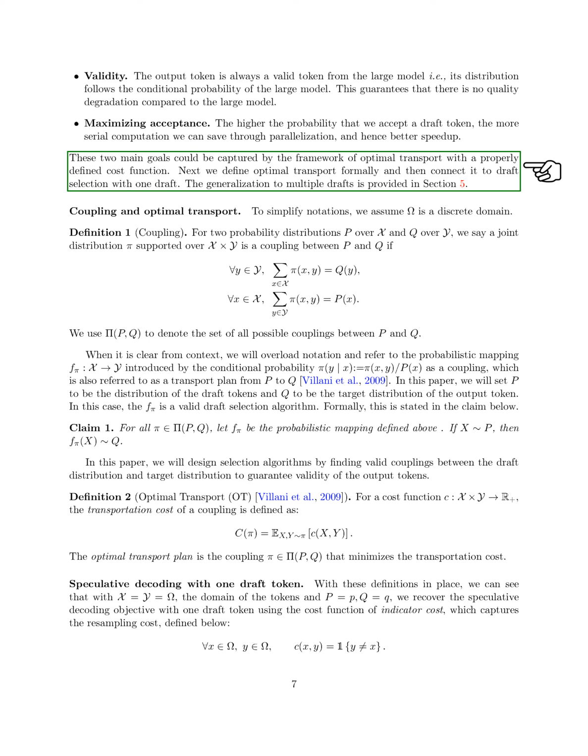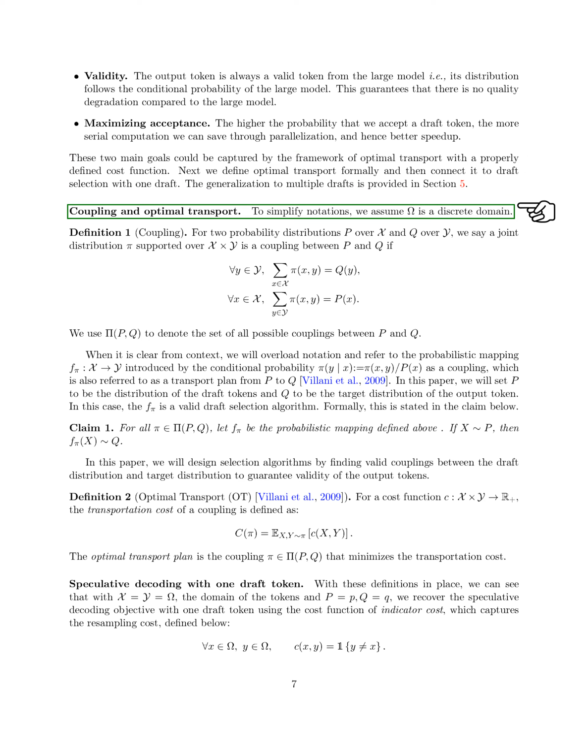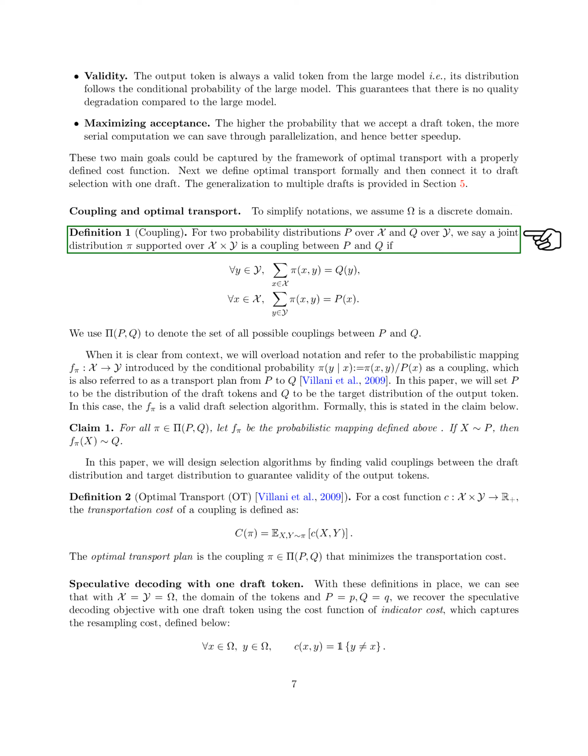Section. Coupling and optimal transport. Let's talk about coupling and optimal transport. To make things easier, let's assume that omega is a discrete domain. First, let's define what we mean by coupling. If we have two probability distributions, P and Q, we say that a joint distribution pi, which is supported over the product of the sets X and Y, is a coupling between P and Q if it satisfies two conditions.